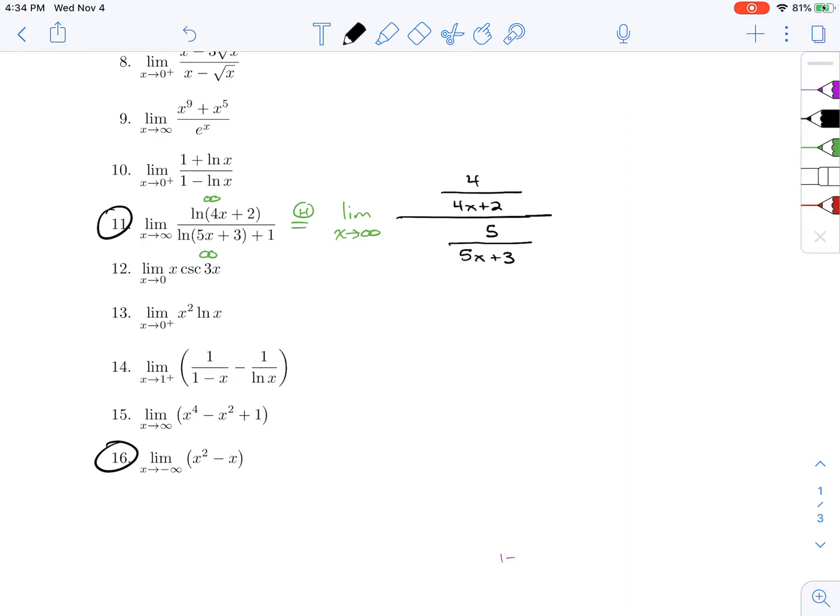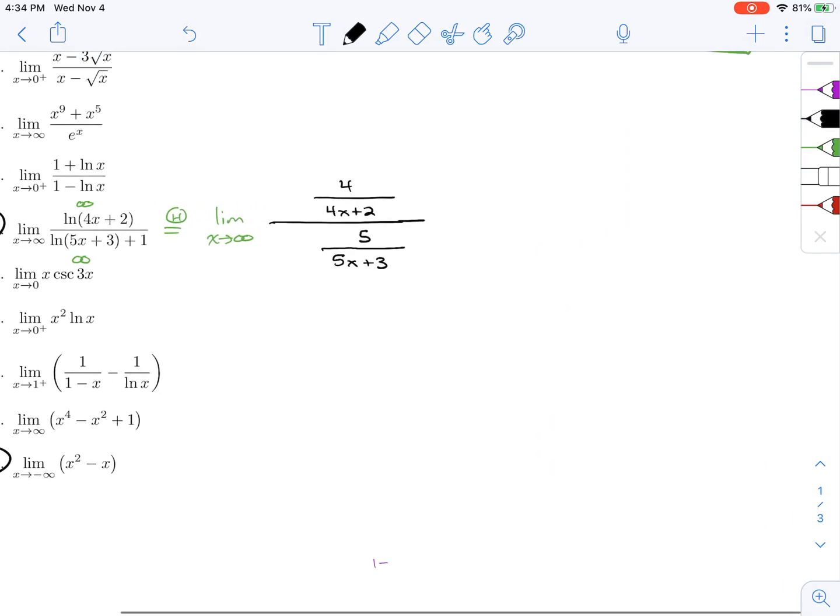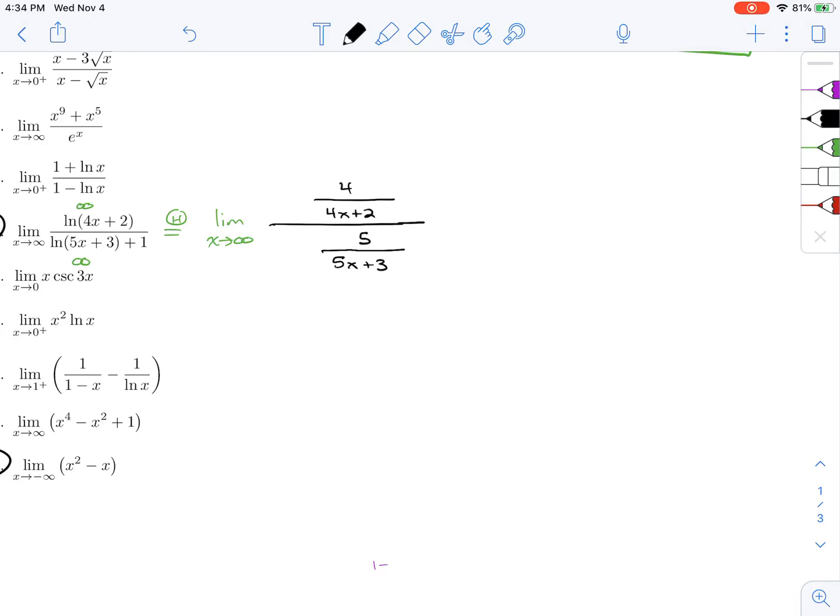So let's see. If we were to think of this, it would be a 0 over 0 type. Because as x goes to infinity, up here this would be 4 and this would grow large, so this upper fraction would be 0. And same thing would happen down here.